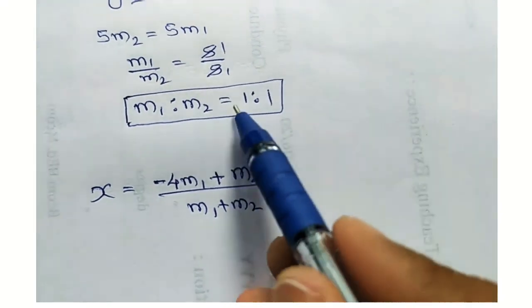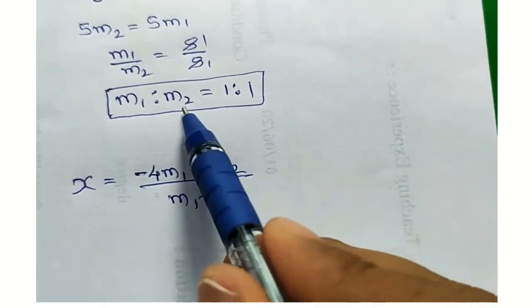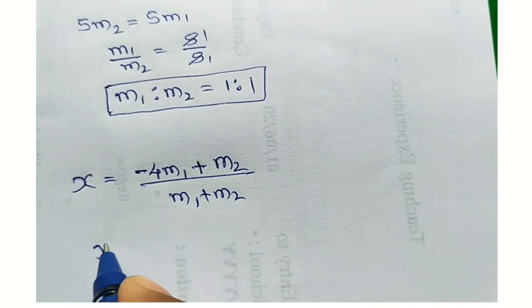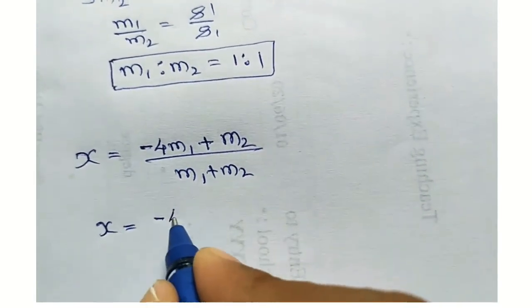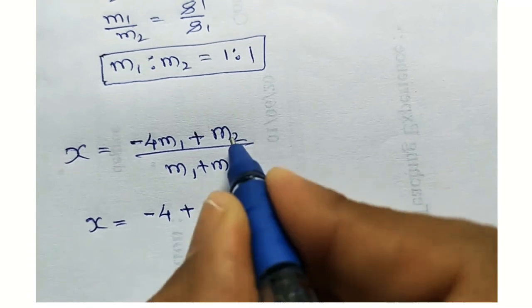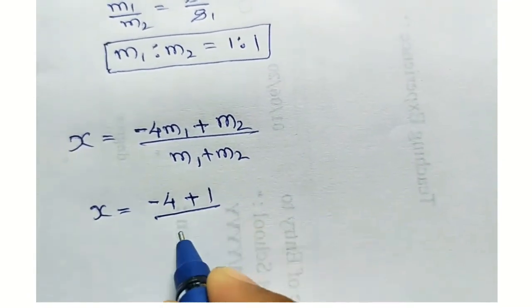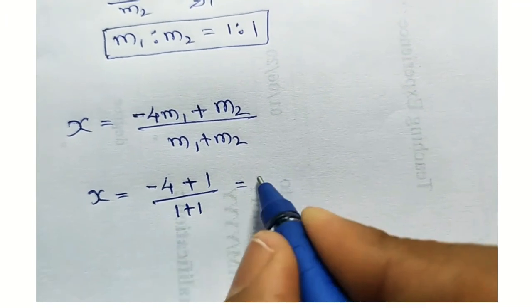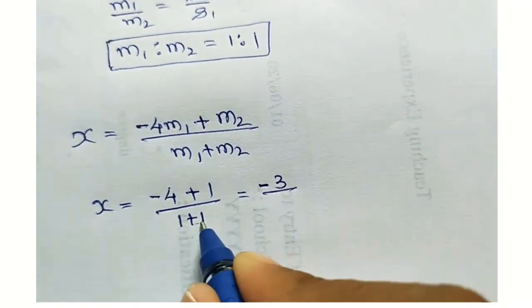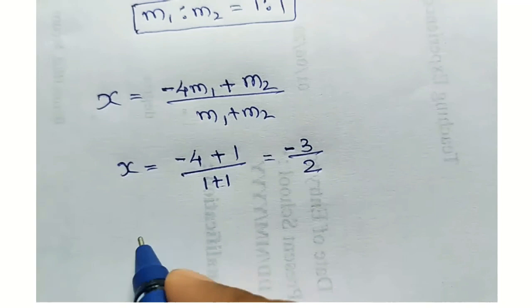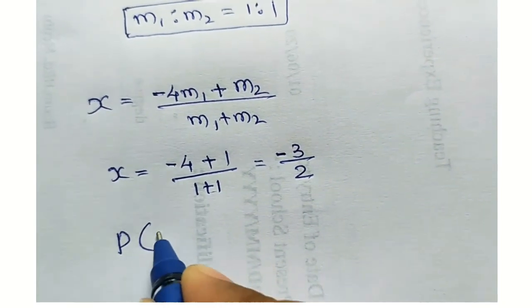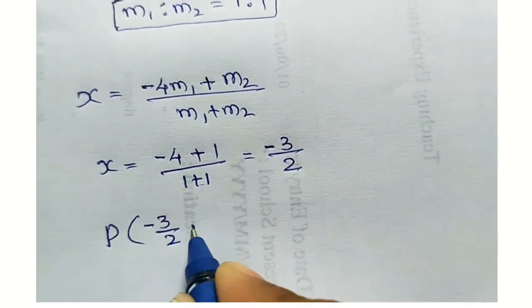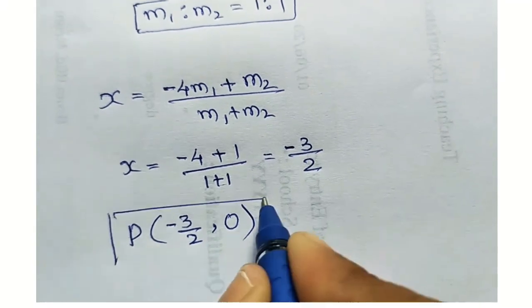Okay, substitute the values of m1 and m2. m1 is 1, m2 is 1. So here we will get minus 4 into 1, plus m2 which is 1, divided by 1 plus 1. So we will get minus 4 plus 1, it will be minus 3. 1 plus 1, 2. So our required coordinates will be minus 3 by 2 comma 0. So this is our answer.